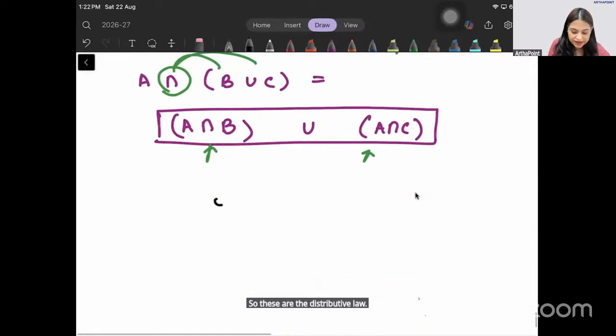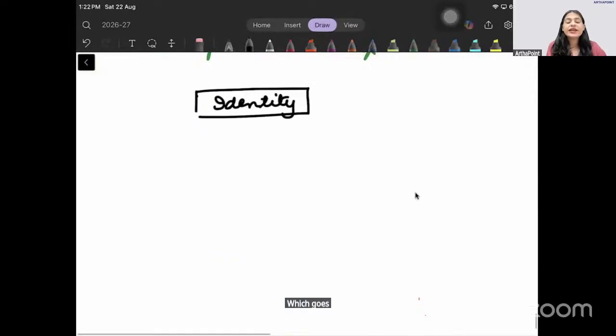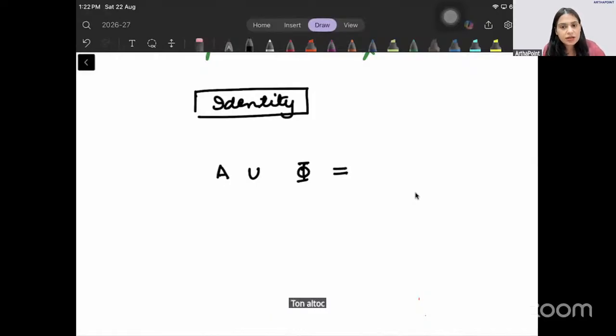Then we have the identity law, which we have already written. It says that if I do the union of A with the null set, the null set is nothing, so whatever is in A will be the answer.